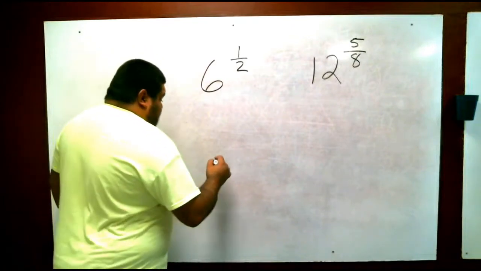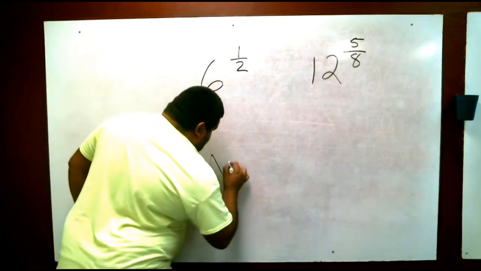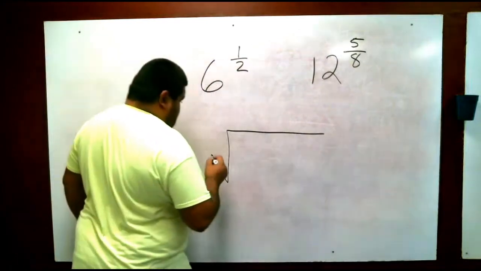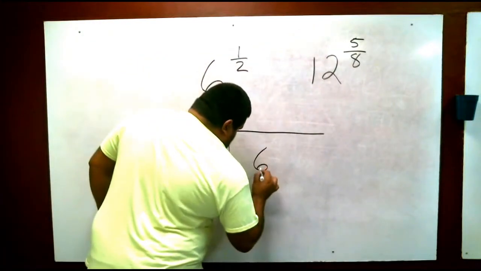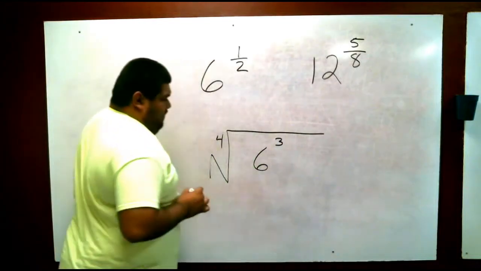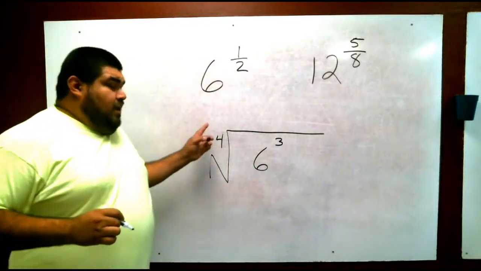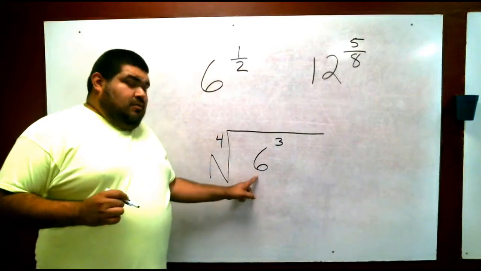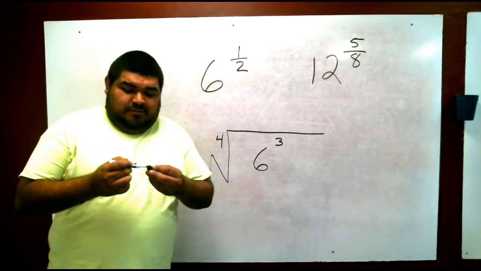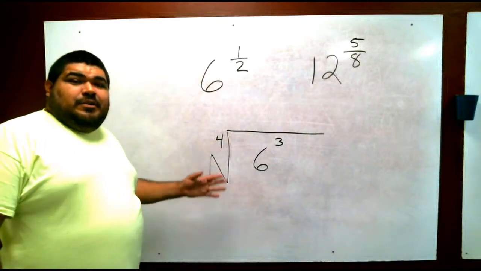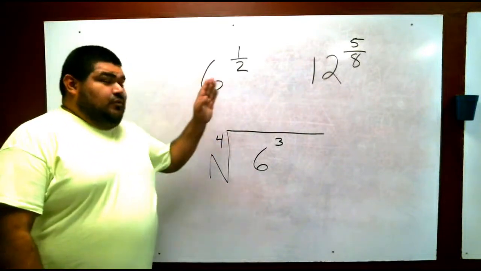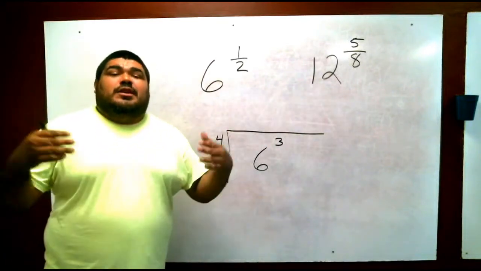And finally, you have radical of 4, 6 to the 3rd power. Okay? Remember, hint, hint. This last one, you have to convert it into a mixed fraction. The first 2, you're going to go from mixed fraction into a radical form.